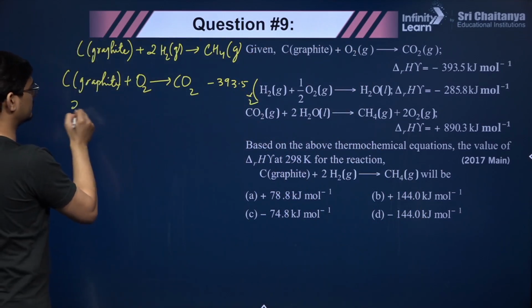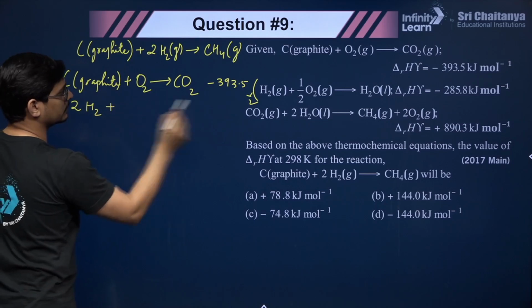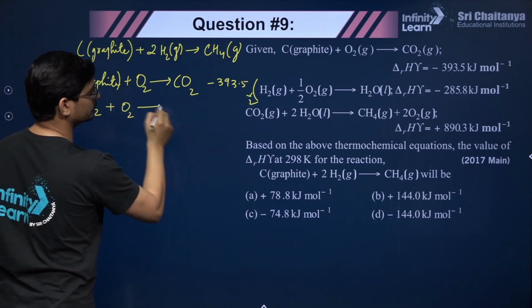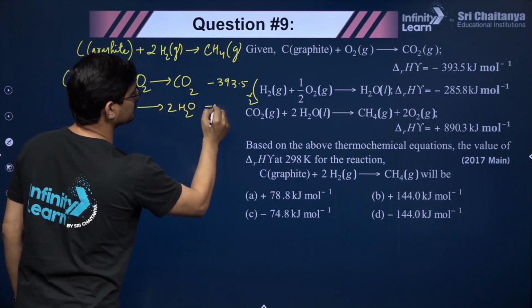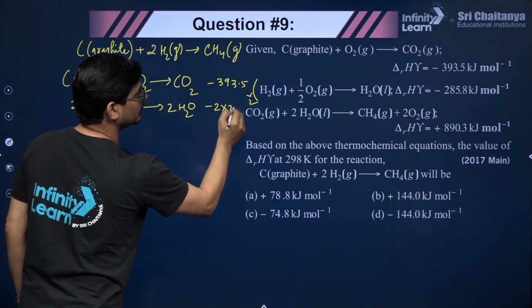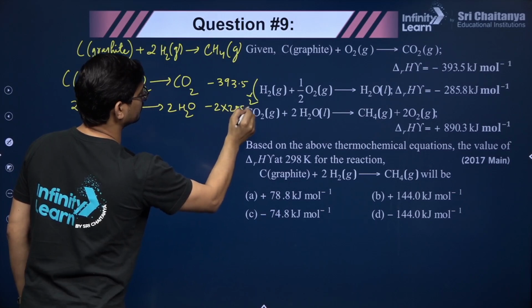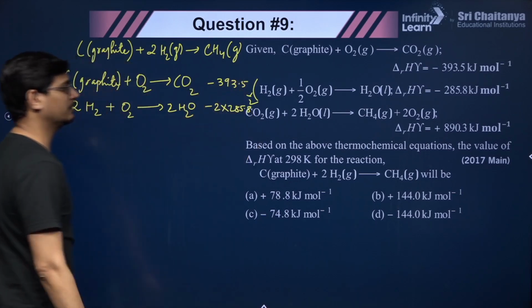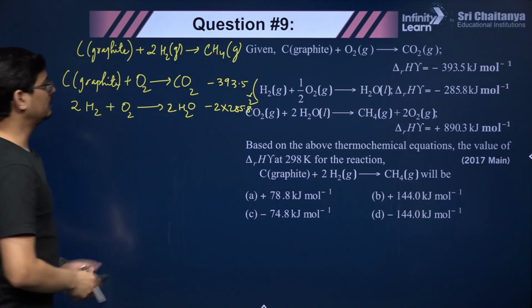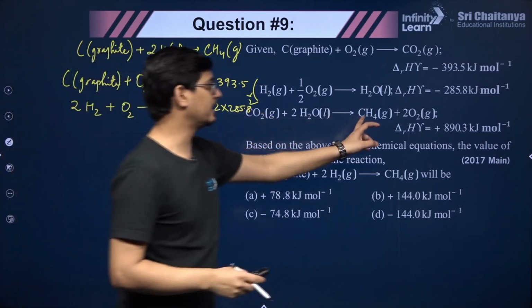So I'll multiply this by 2, so 2H2, so that will be O2, and that will be 2H2O, right? So enthalpy change will be minus 2 multiplied by 285.8, right? So minus 393.5 minus 2 into 285.8, okay? Lastly, I need methane gas. Here, yes, they have one methane gas.